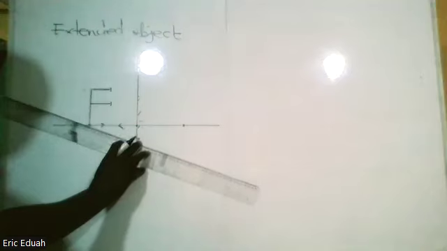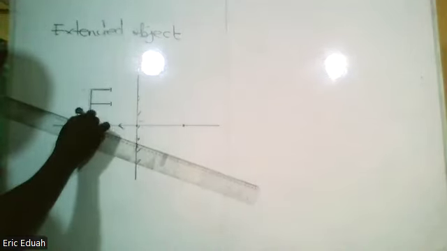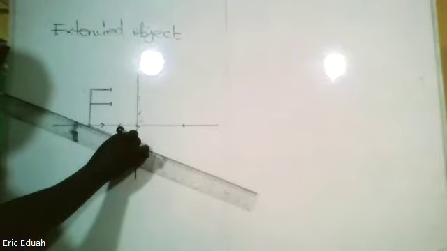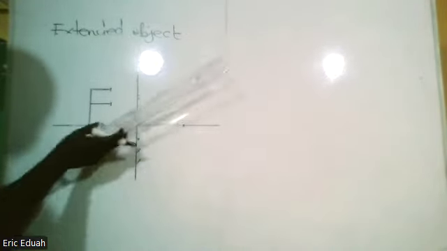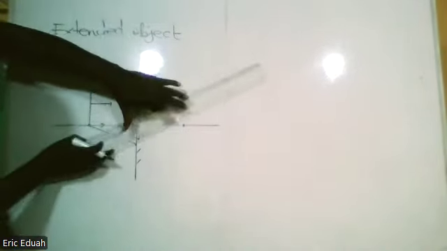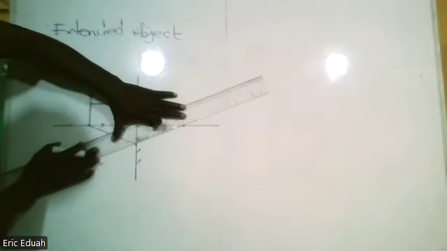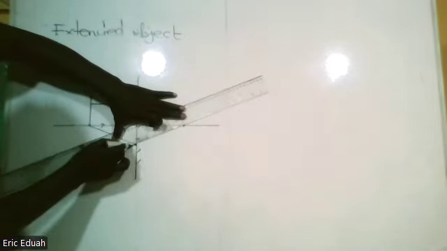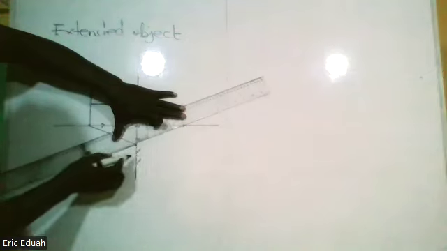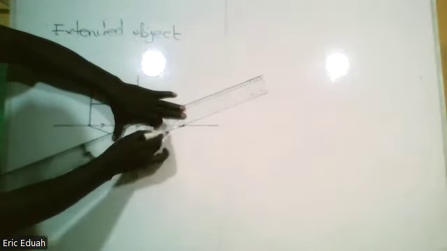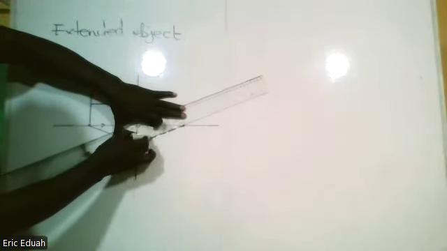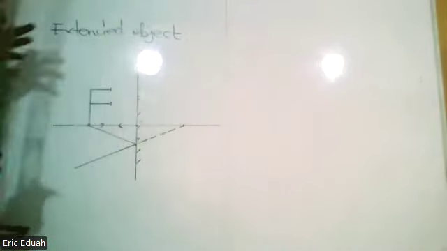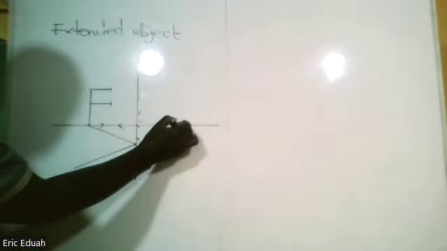Then I draw another line to form the foot, just the foot. I want to go through this quickly. I formed this one.